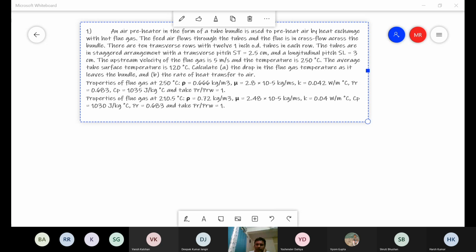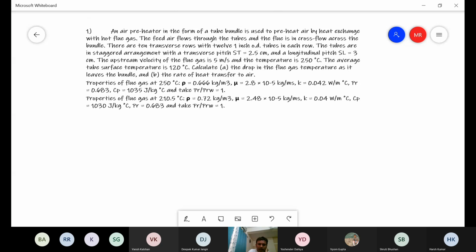So what is being given here is, if I have to draw a figure, maybe I'll just copy a figure from our presentation so that we will be able to understand what we are trying to say here.